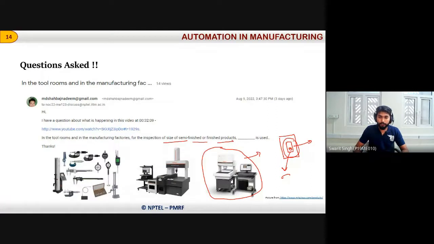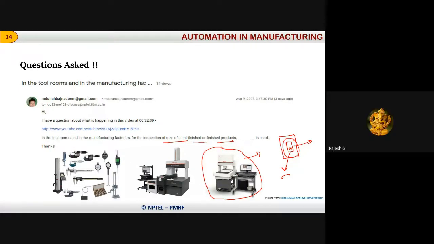Anyone having any question, any doubt? Rajesh, yes. Sir, I have posted a question, sir. It's about revolution, one of the sensor characteristics, sir.